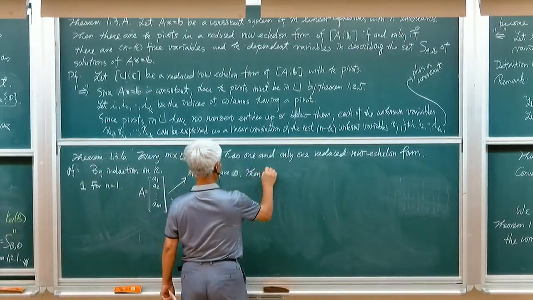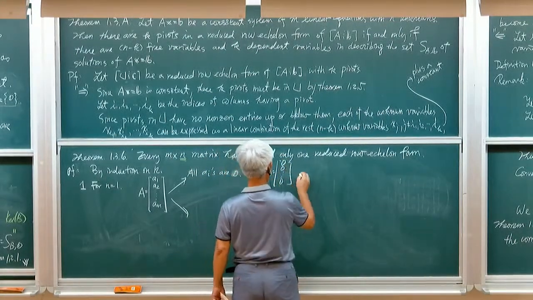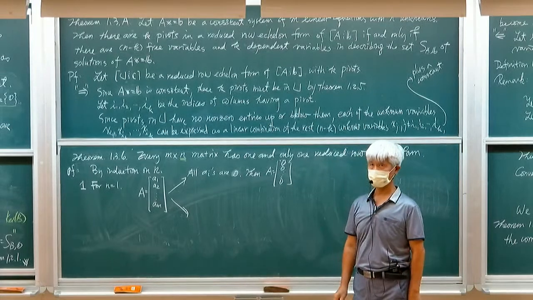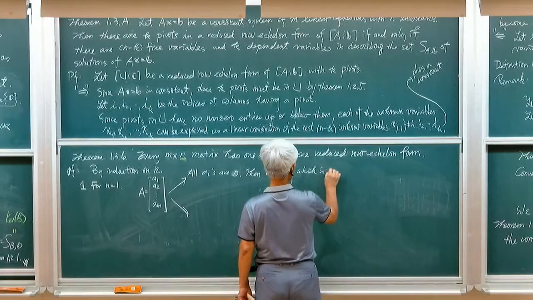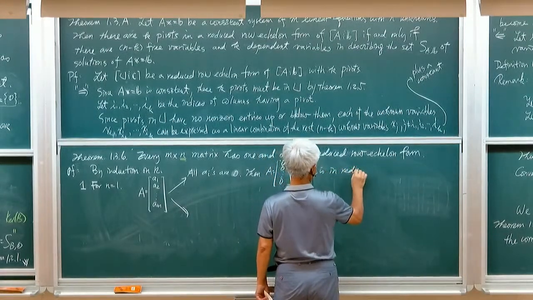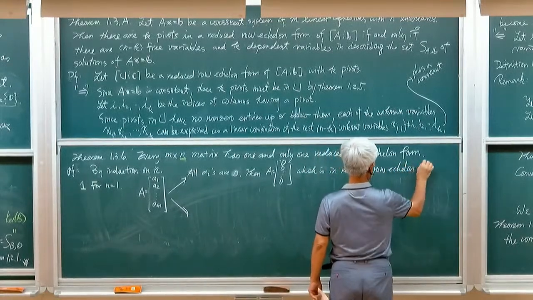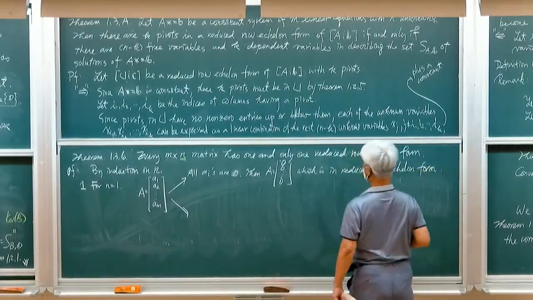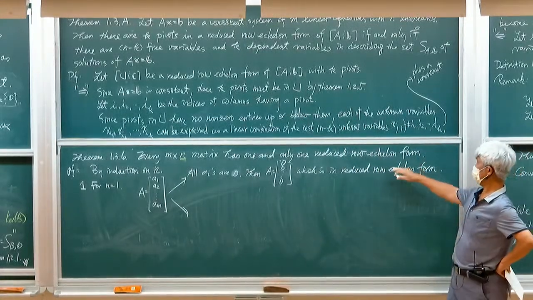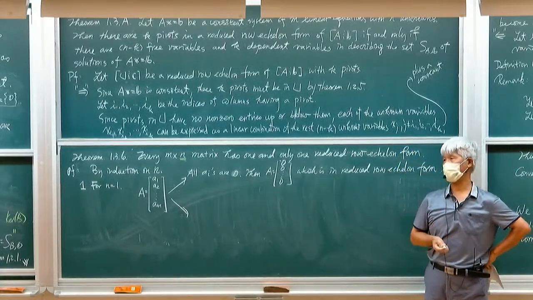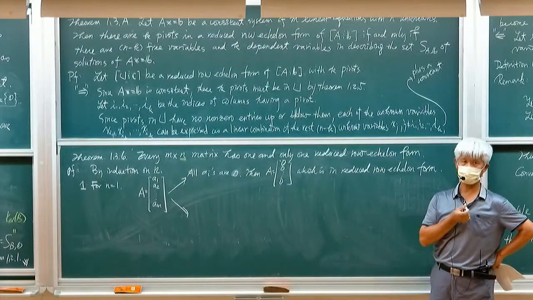Then A is in reduced echelon form already, because it satisfies all the properties required for a matrix in reduced echelon form.